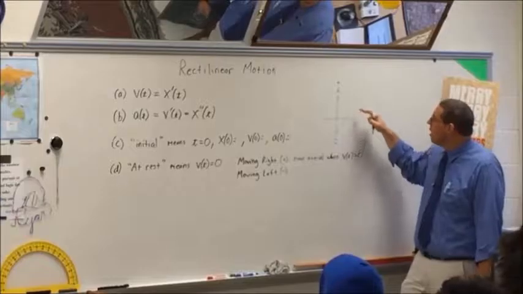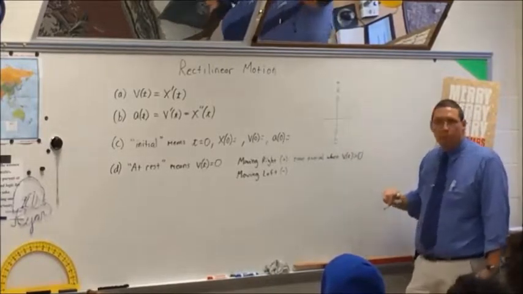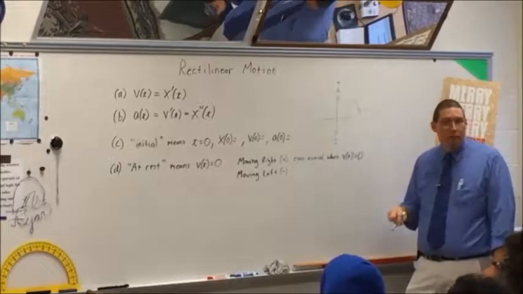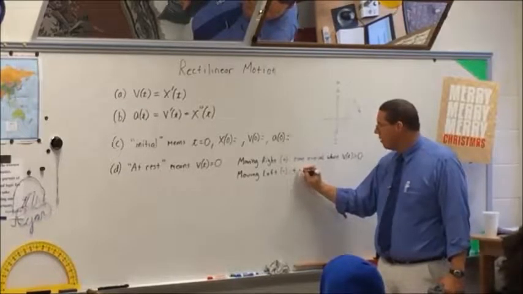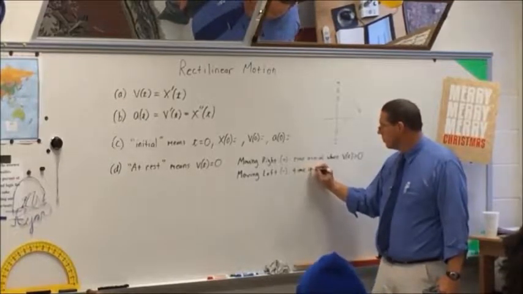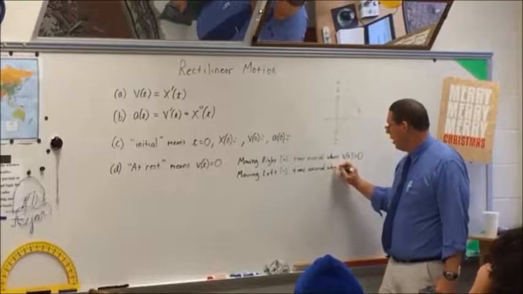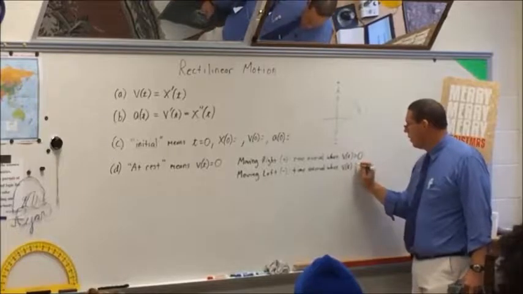And what would you need in a function to move left? What kind of slope? You would need a negative slope in order to move left, which is why moving left is a time interval when velocity is what? Less than 0.